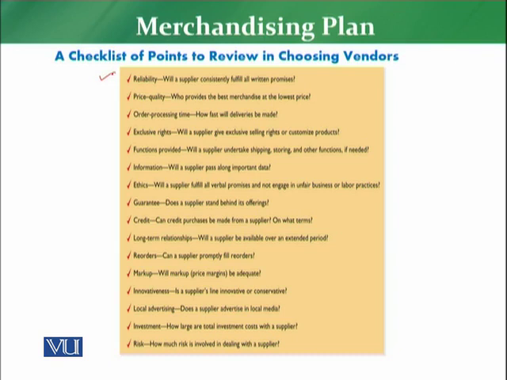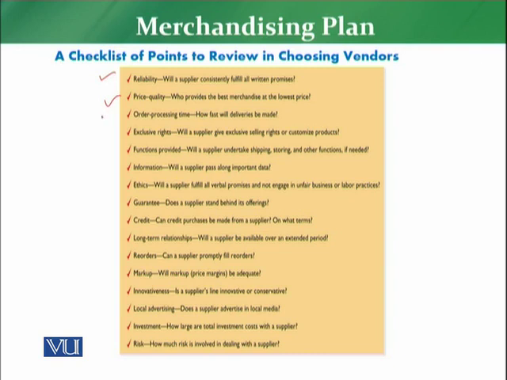This will be identified through the consistent fulfillment of the promises which the supplier makes, or through the market reputation, because the market reputation will exactly tell you whether the supplier is reliable or not. Then you check the price and the quality. Who provides the best merchandise, and of course at the lowest or very competitive prices, because that would be the differentiation factor for the retailer.